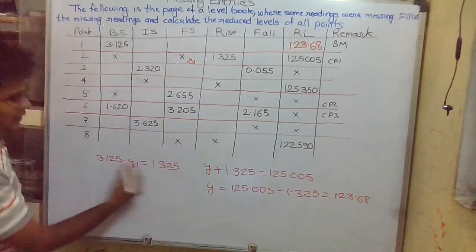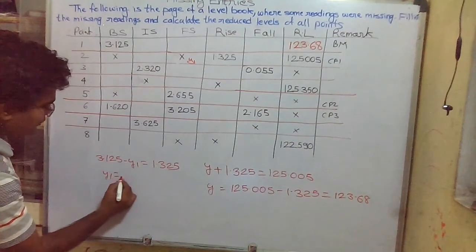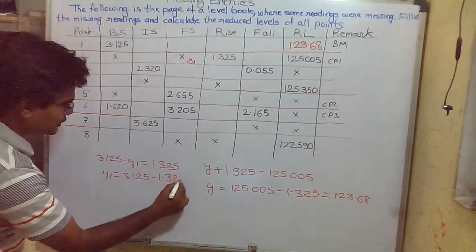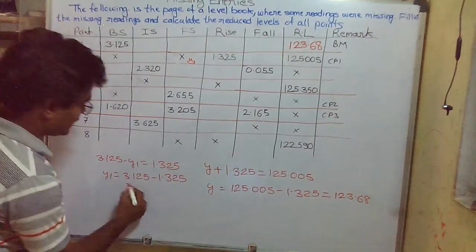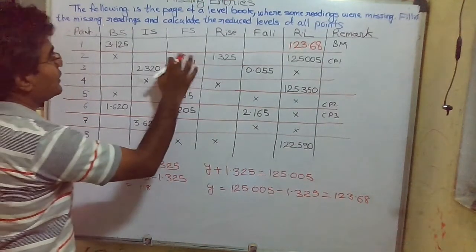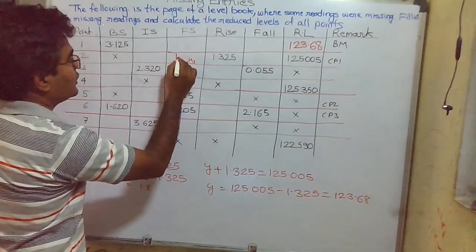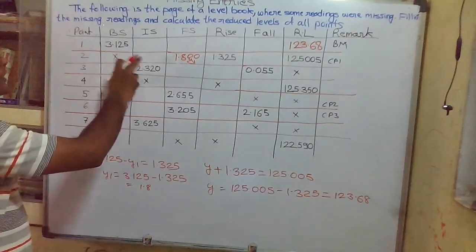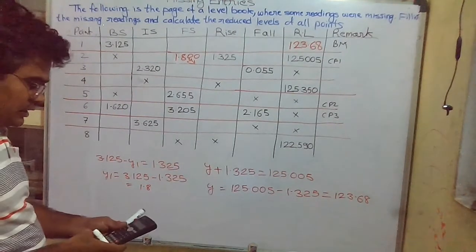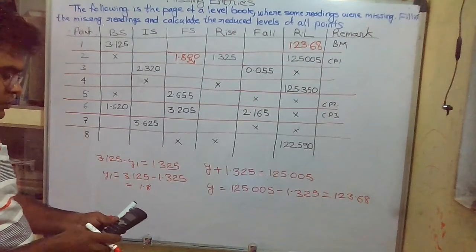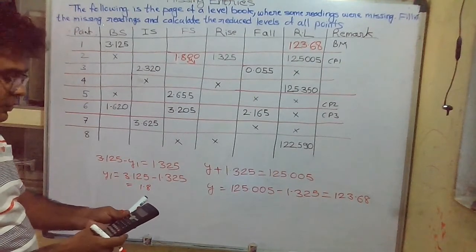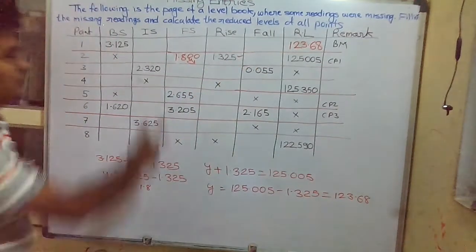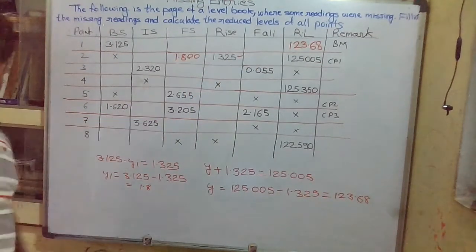So y1 is equal to 3.125 minus 1.325, which is 1.8. So we can write y1 as 1.800. We can check it: if we subtract 1.8 from 3.125, we get 1.325. It means this value is right.